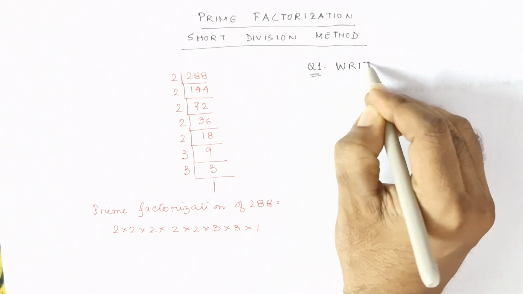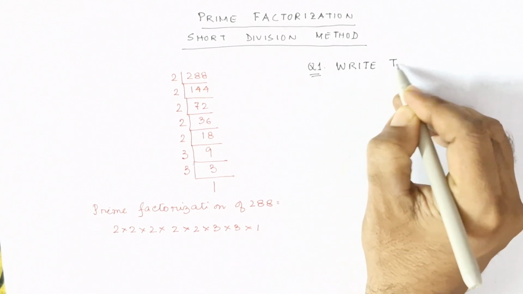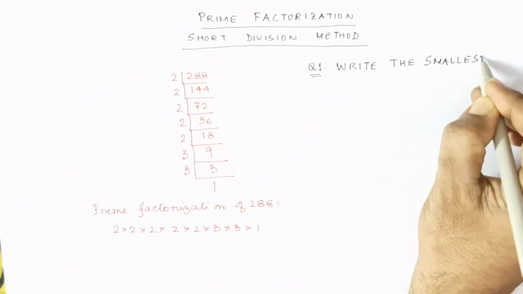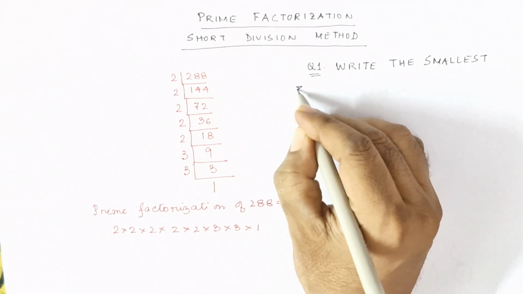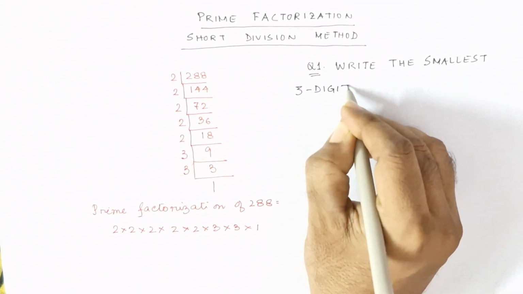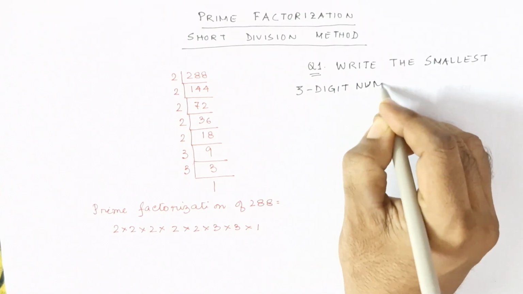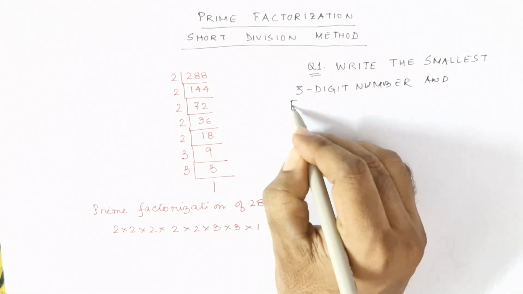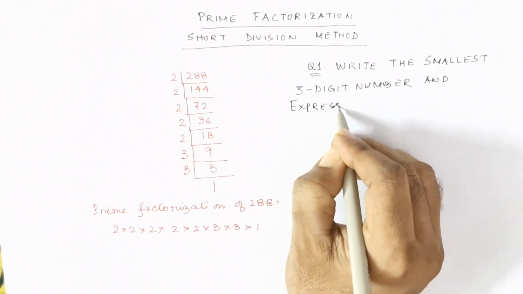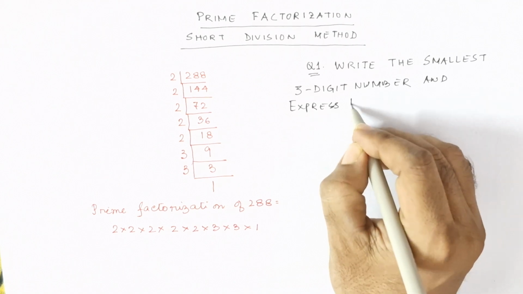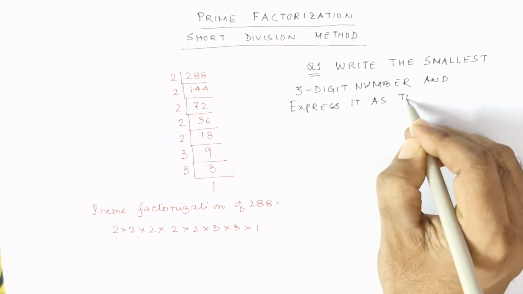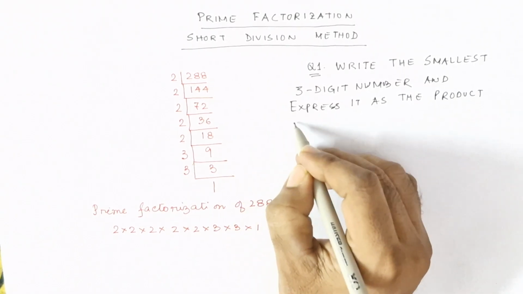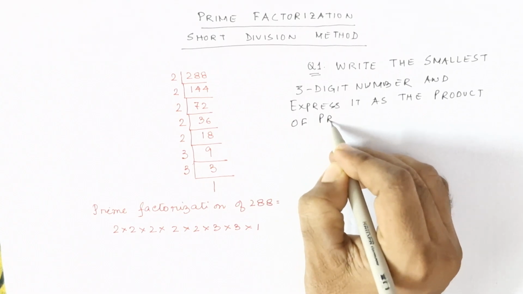Write the smallest 3-digit number and express it as the product of prime numbers.